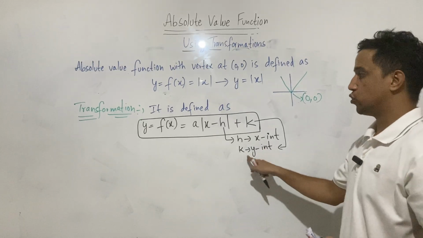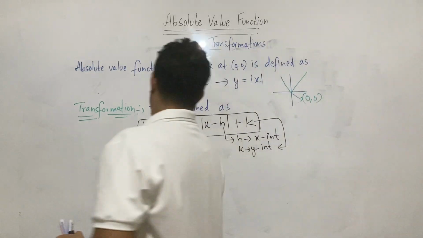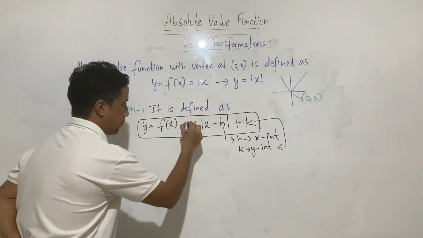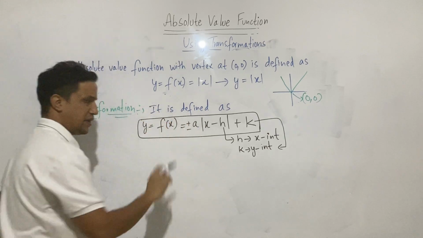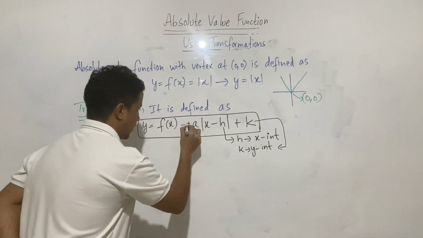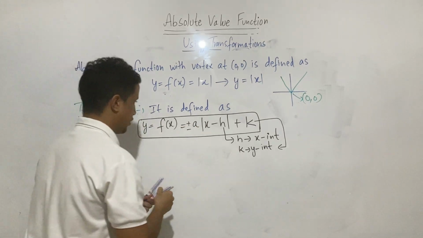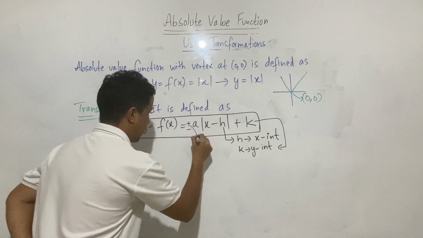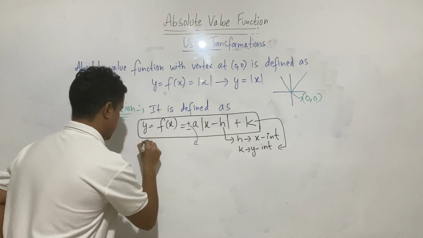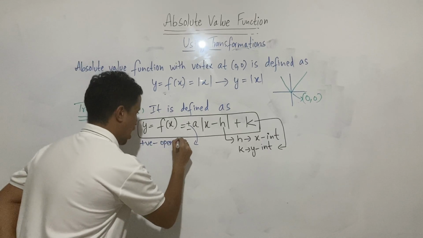It denotes the y-intercept, okay. Here it can be positive, it can be negative. Now see here, positive means I can mention here positive, open upward.